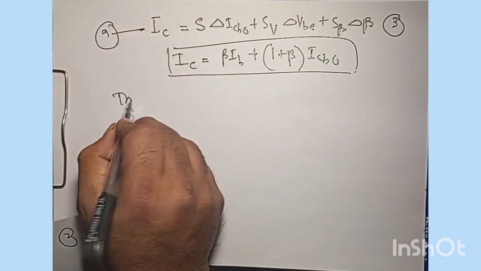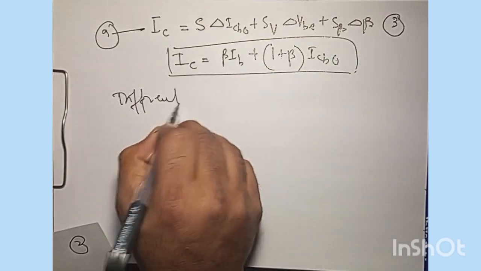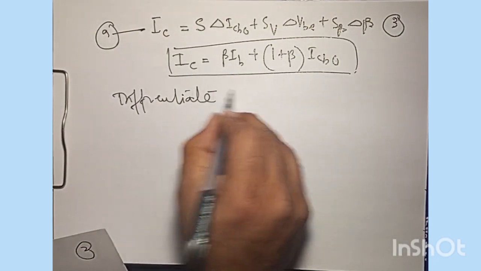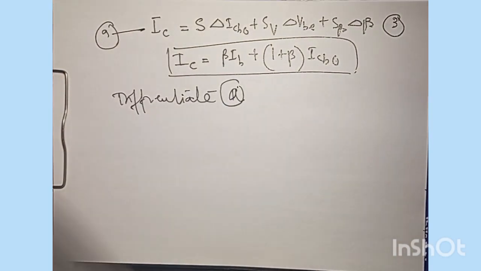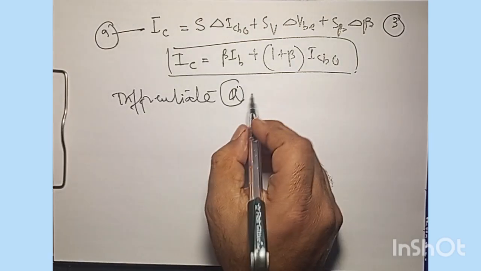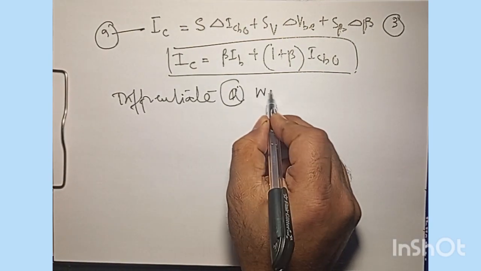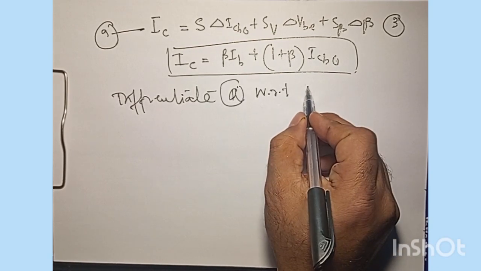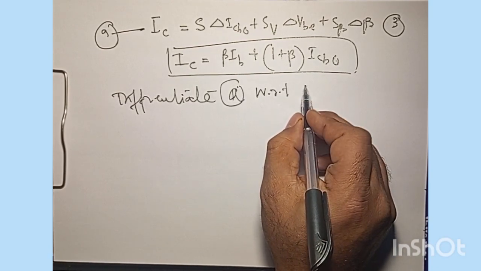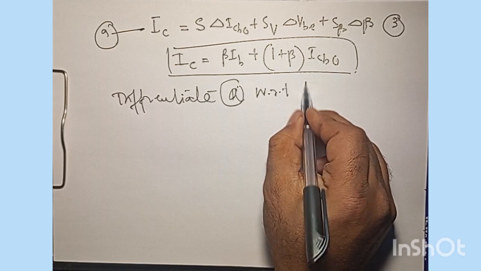I will differentiate equation A with respect to IC, the collector current.